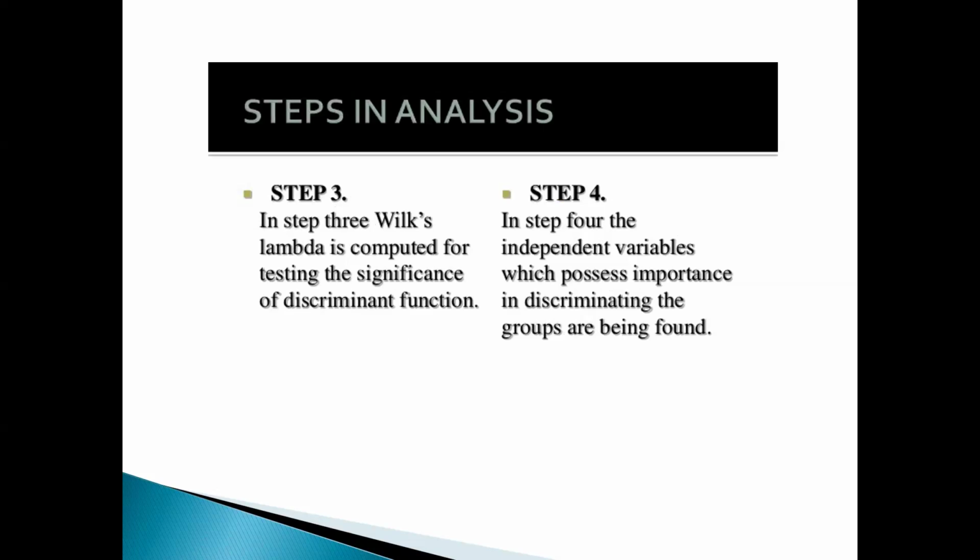In step 3, Wilks lambda is computed to see the goodness of bad fit, testing the significance of the discriminant function, how much it is not explaining the phenomena. And in step 4, the independent variables which are important in discriminating the groups are found, because we can see how much percentage of the variation is not explained by the discriminant function.